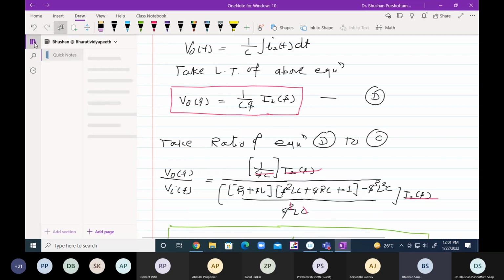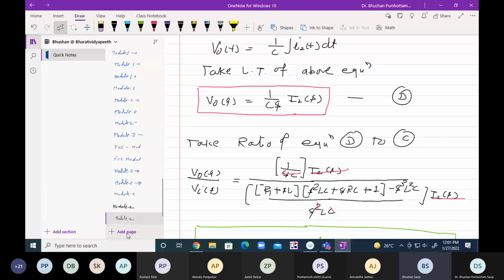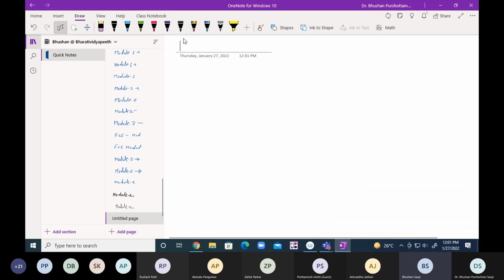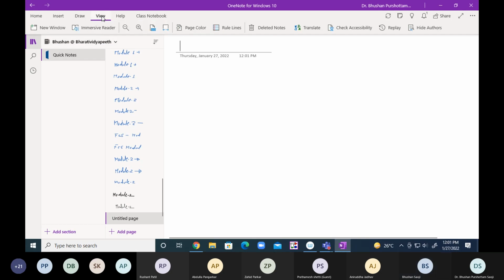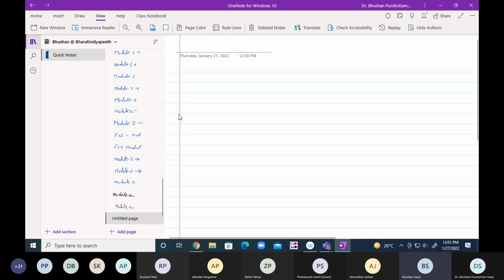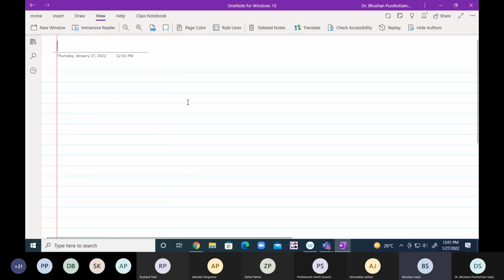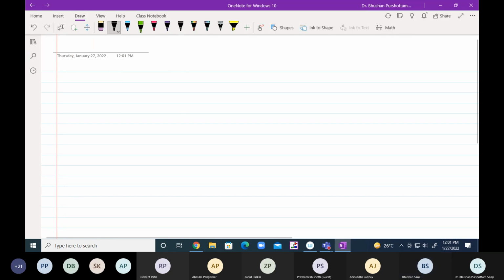Now see here, in a minute we will see one more simple example. This is module 2. Now, all this is done in the closing stage.